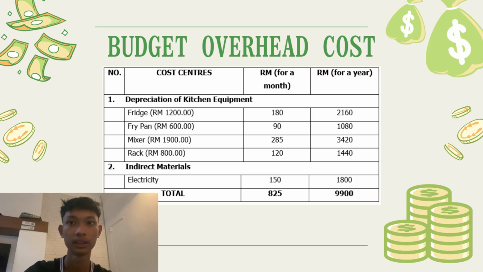And then mixer RM 1,900, and for a month 285 ringgit, and for a year is 3,420 ringgit. And for the rack is RM 800, and for a month is 120 ringgit, and for a year is 1,440 ringgit.